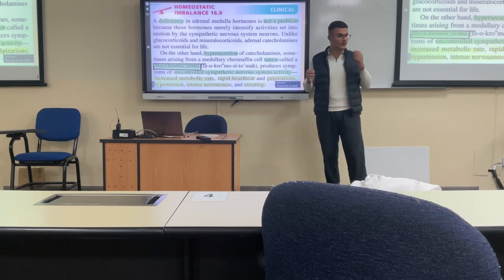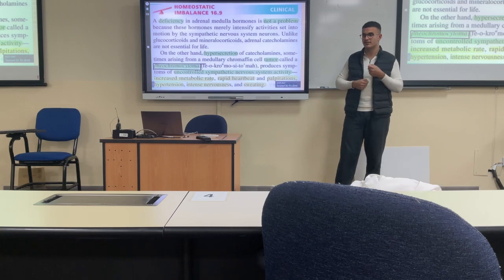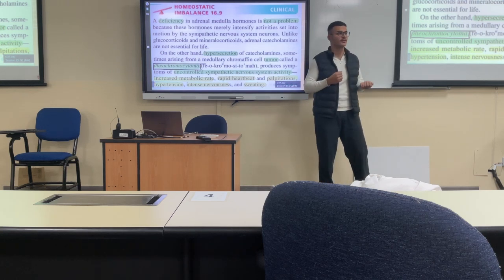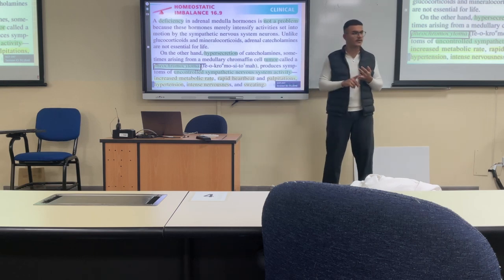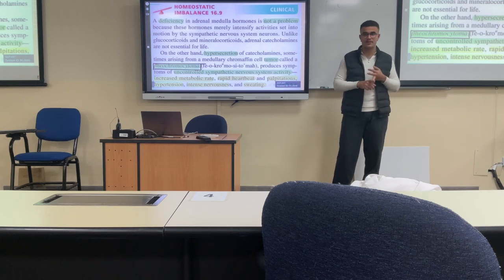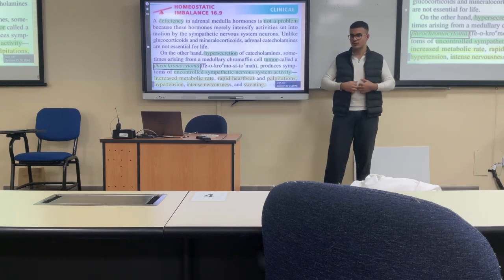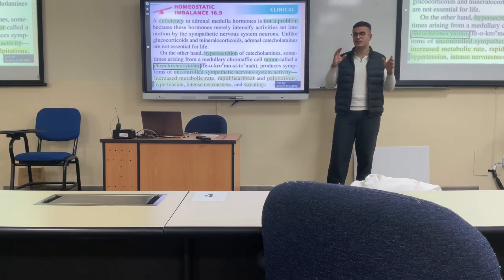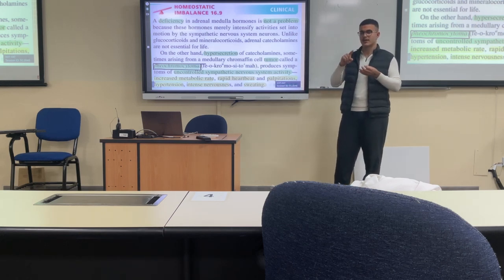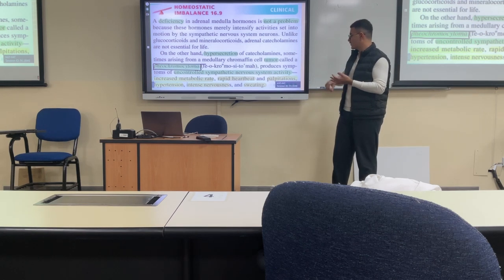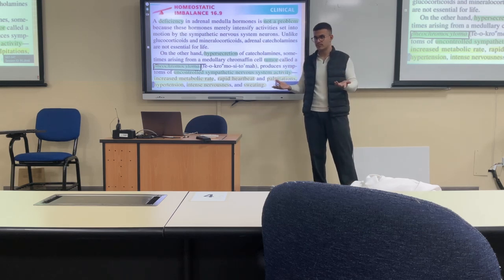On the other hand, what do you expect if you have extremely high levels of catecholamines, hypersecretion of catecholamines? High blood pressure, high metabolic rate. Basically, your body is going to be constantly as if it was in a fight or flight situation. So increased heart rate, increased metabolic rate, you're going to be sweating, palpitations. Usually it's caused by a tumor.